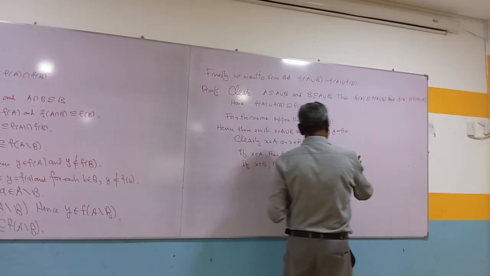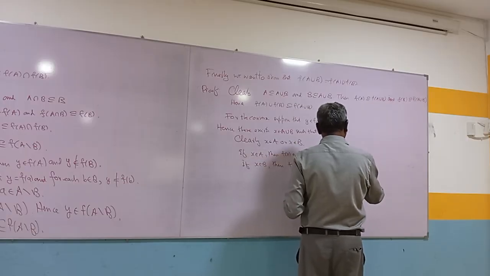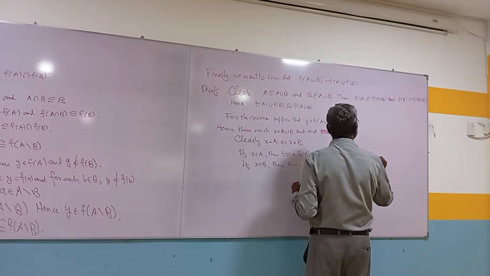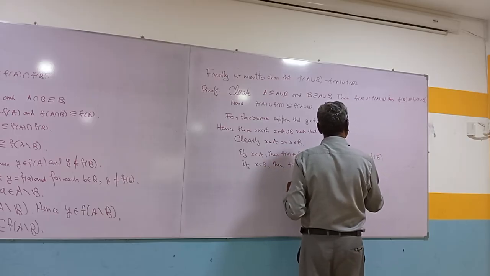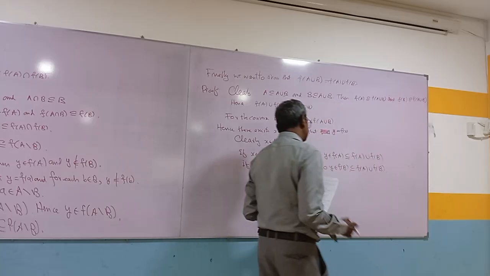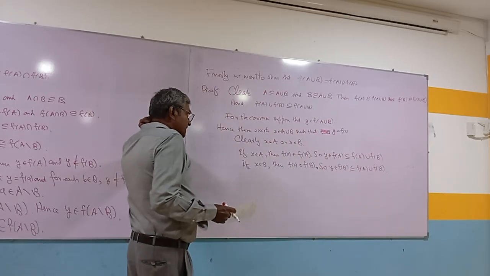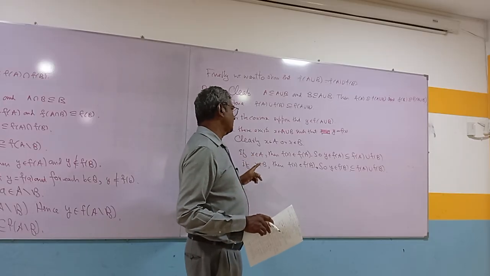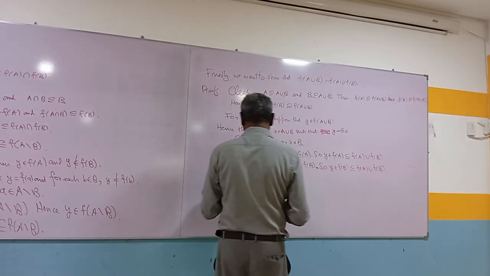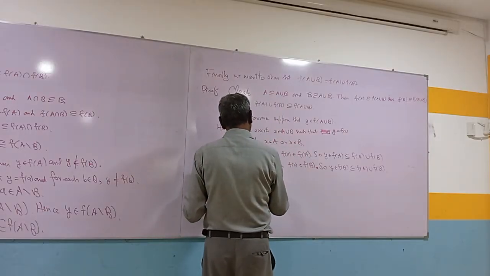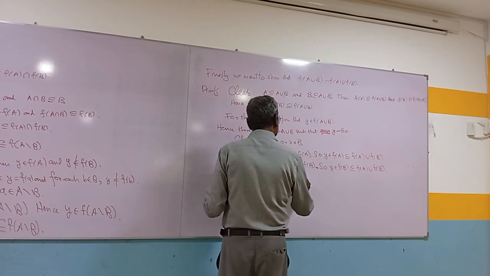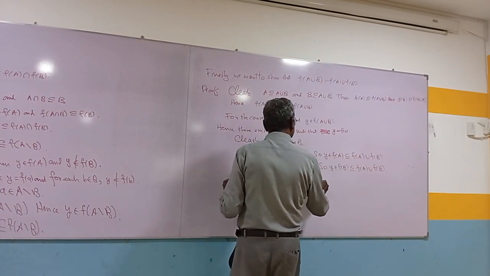However, f(A), as you know, is a subset of f(A) union f(B). This is also a subset. So whether you do this one or this one, y belongs to f(A) union f(B). Therefore, y is equal to f(x) belongs to f(A) union f(B).